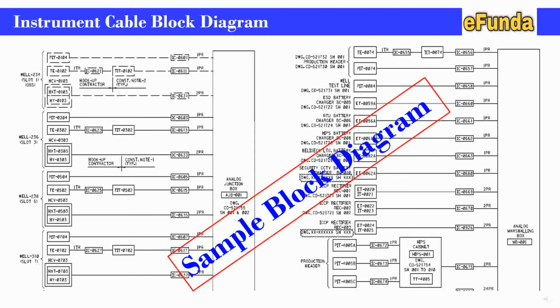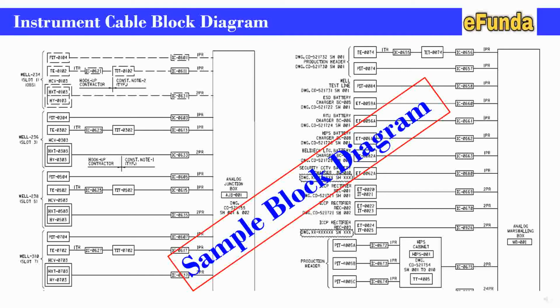This is how the instrument block diagram is prepared, so as to get the details of instrument tag number, cable number, and type of cable connected between two devices, whether it's analog junction boxes or marshalling boxes, or further marshalling boxes to RTU, DCS, PLC, or a SCADA system.